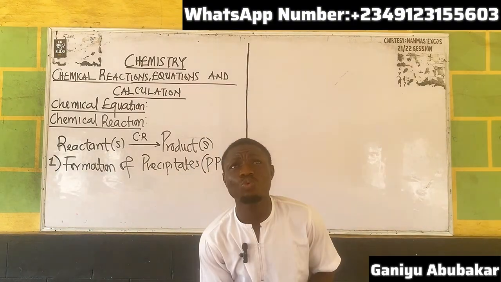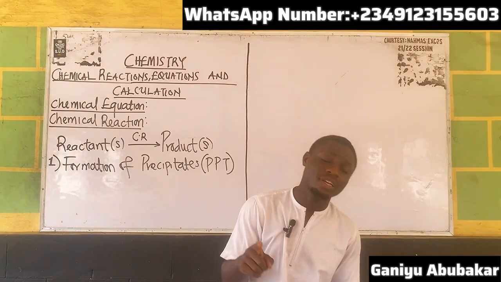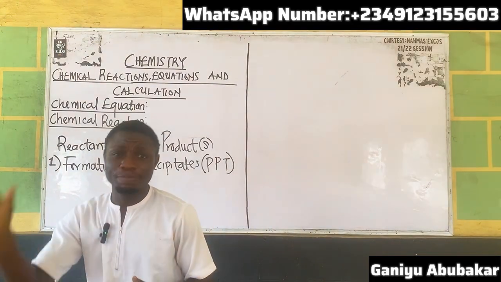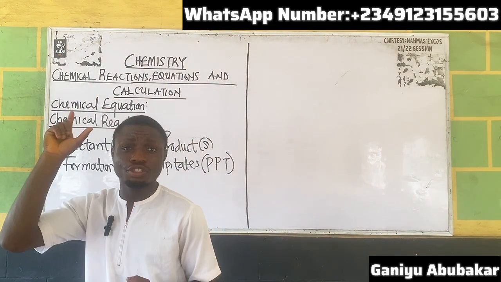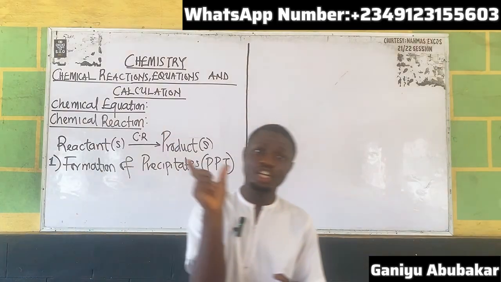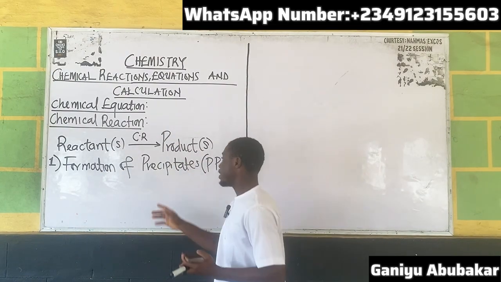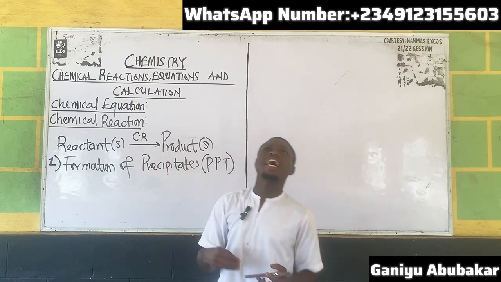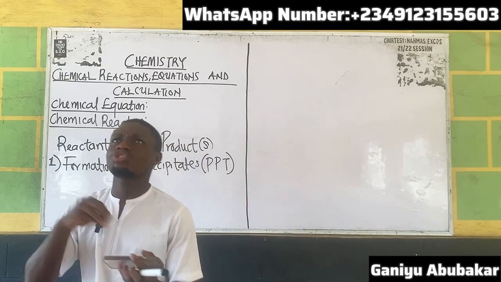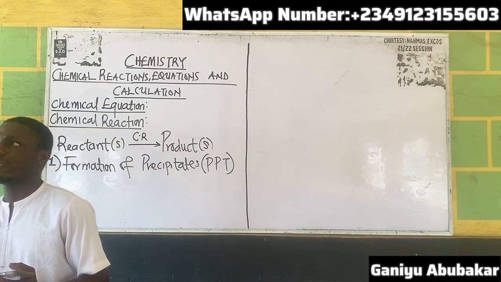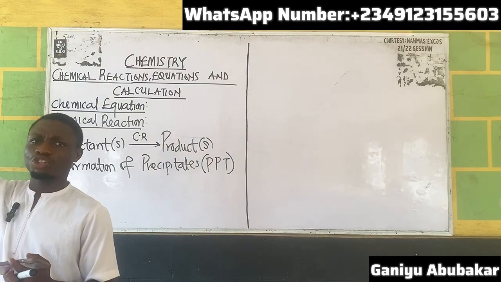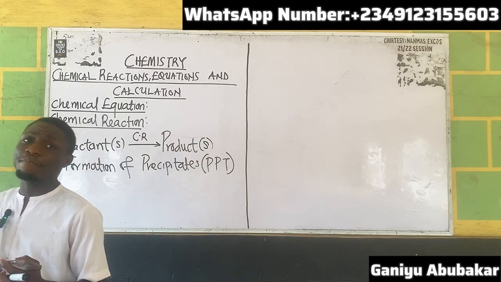If I may ask you, what is a precipitate? Here's the idea. A precipitate is simply an insoluble solid in a liquid. A white insoluble substance in a liquid is called what? A precipitate.